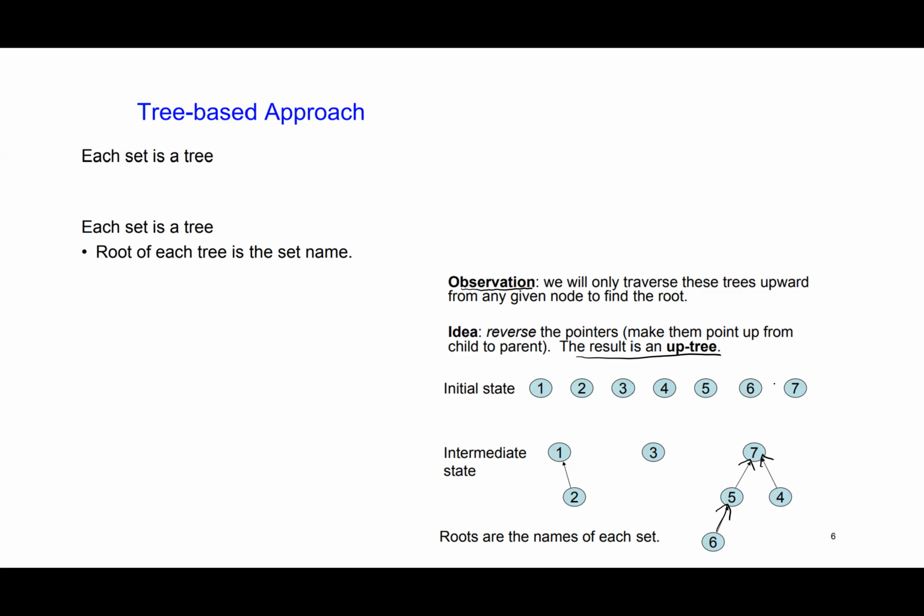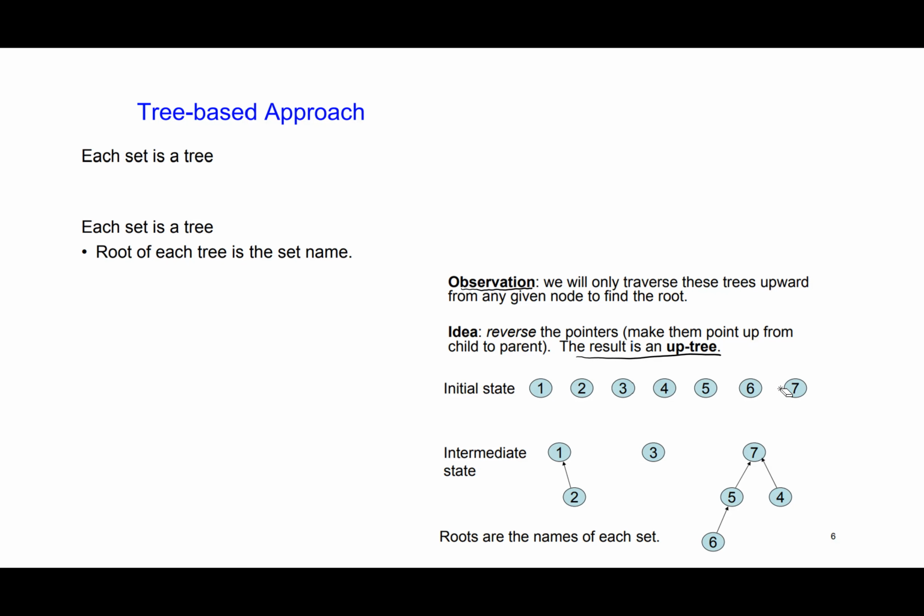Here in this example, initially say we had 7 disjoint sets, so each of these sets had just one node. Even with one node, that's a tree. And then there were some operations.